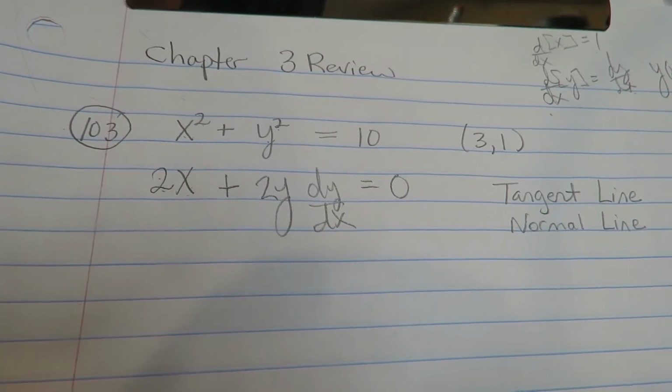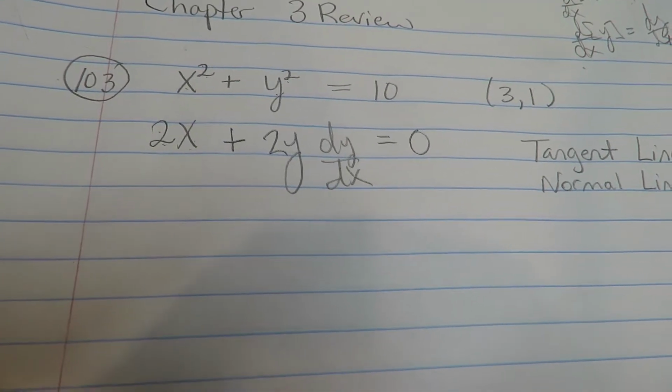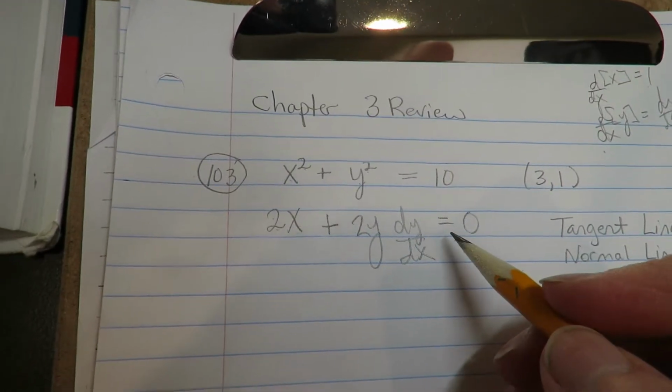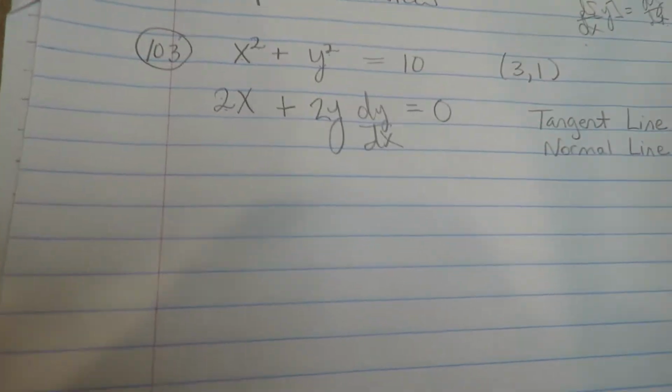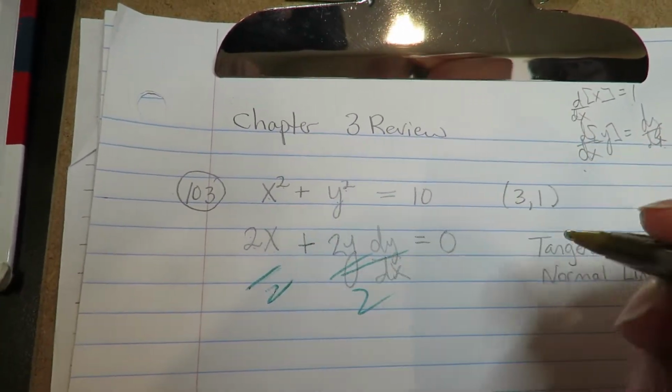Now, I'm going to isolate dy/dx, because I'm going to also ask you guys to do that. To isolate the derivative, the first thing I'm going to do is divide everybody by 2.